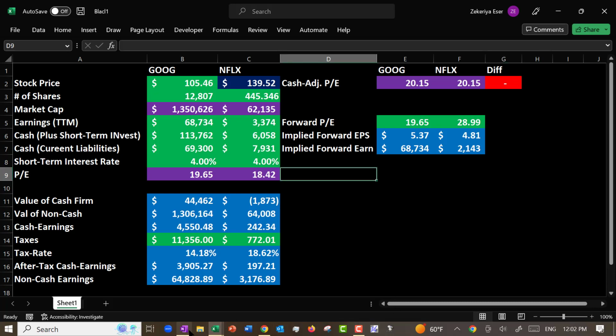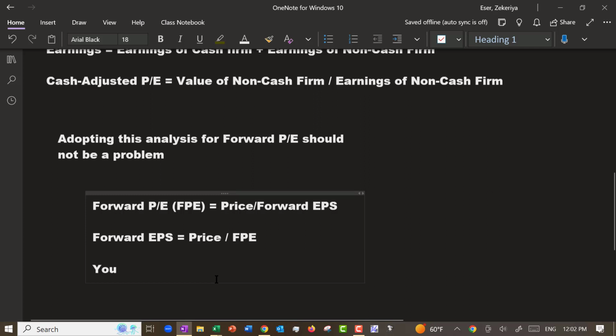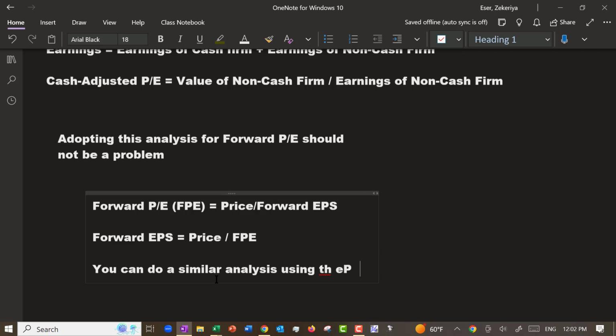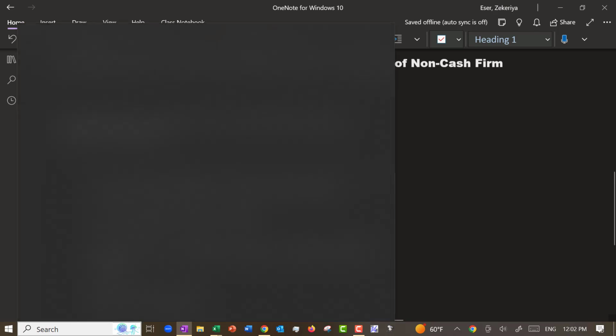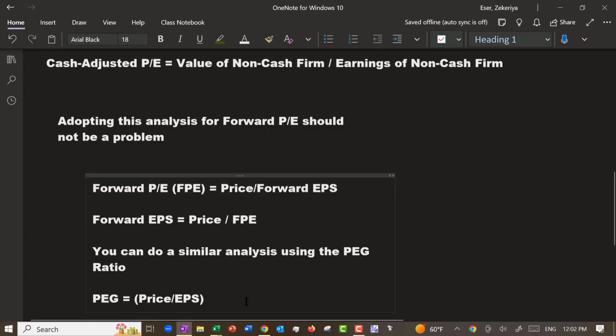And you could also do a similar analysis using the PEG ratio. Remember, PEG ratio is price divided by EPS of some sort. I think it's using the forward one, divided by 5-year growth rate.